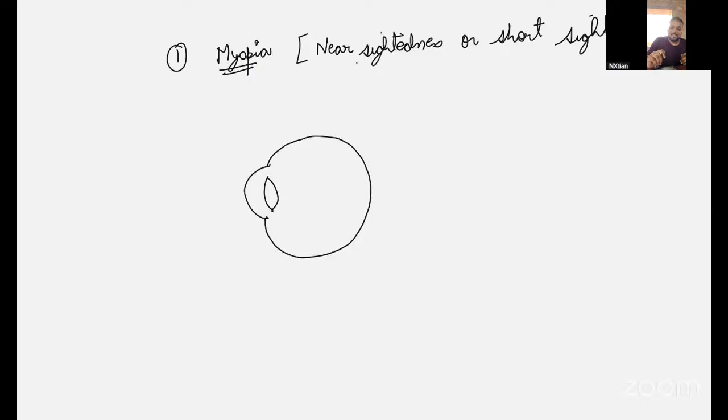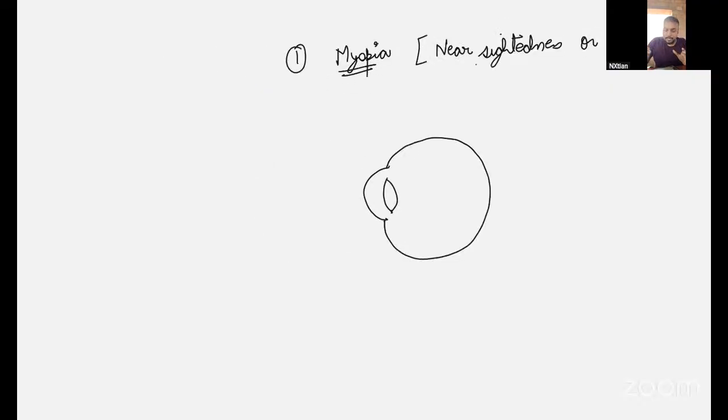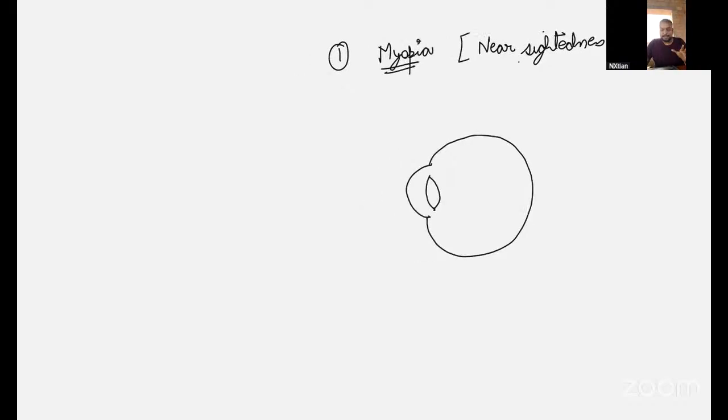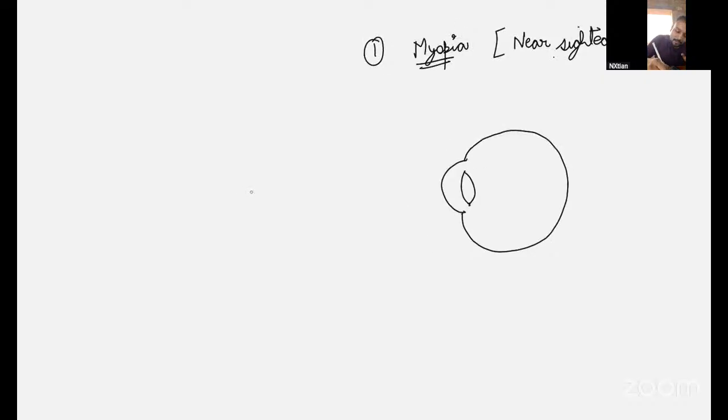Okay, listen. For example, the normal human eye will look like this. If a normal human, for example Joshua, doesn't wear specs, he can see the far point normally.